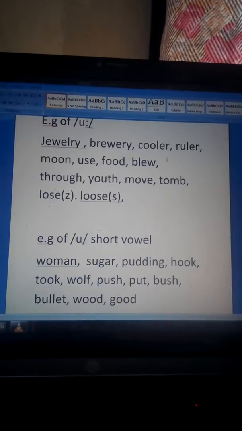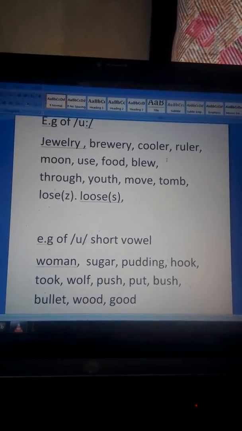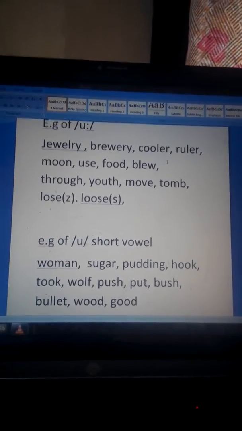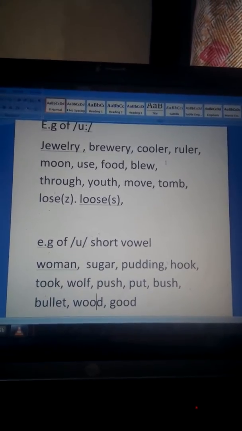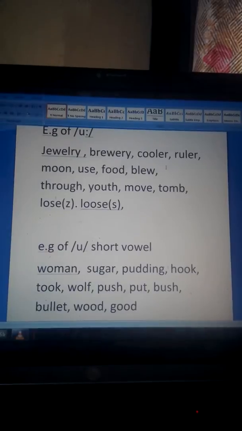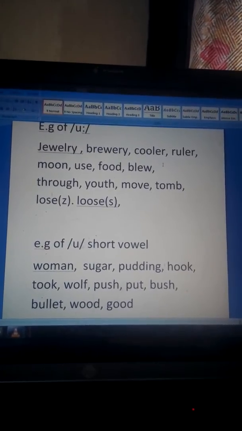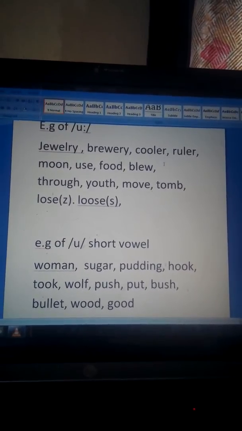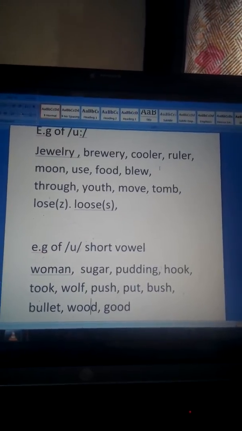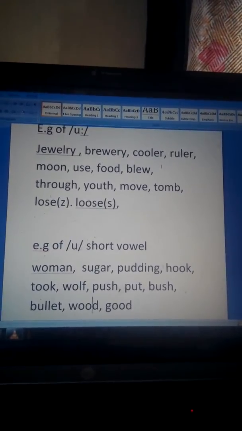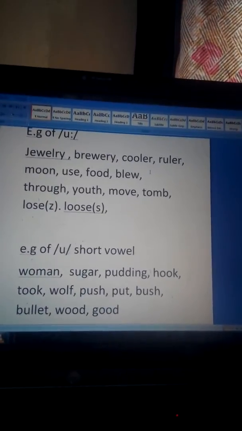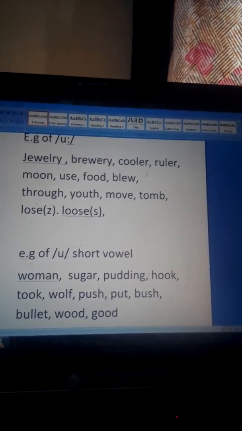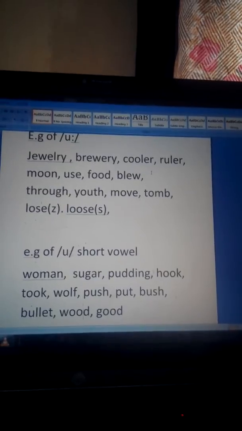I think I've corrected this before. Brewery. Then we have cooler, ruler, moon, use, food, blue, through, youth, move, tomb. And then finally, when you look at the tomb, the B is silent. You don't pronounce it. So it's a tomb, not a tomb-b. It's just a tomb.